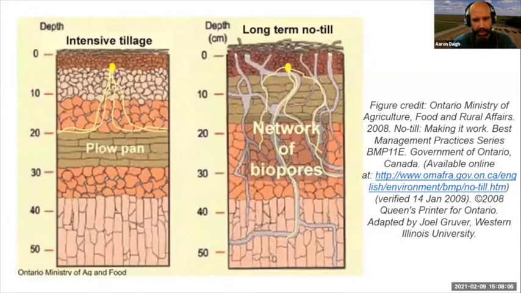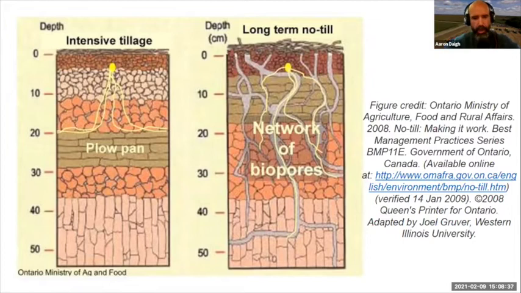But the thing that I want to get across is that when you move from intense tillage, where you have this plow pan down here, into what you want to be a long-term no-till or long-term reduced till, such as that shallow vertical till, there are going to be pockets and zones that are still compacted. But the idea with biodrilling is to drill roots through those areas so that when you plant your next crop, those roots can get in those channels, move down, move laterally, and still explore that soil.